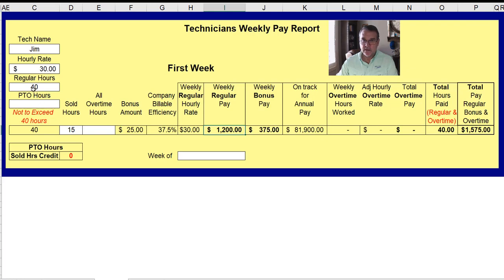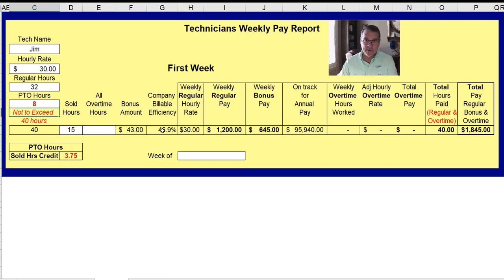Okay. Now, if you're working 32 hours and he's got 8 hours of overtime, he's going to get credit of 3.75 hours because that's what he was on pace to do with 15 hours sold versus 32 hours. So he's really at 46.9%. He's going to get $43 for every sold hour, which is 15. But I'm crediting him 3.75 to bump that up there.